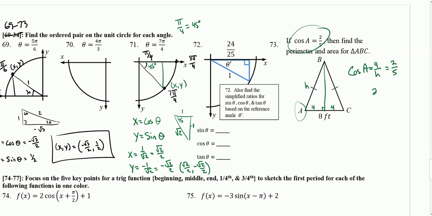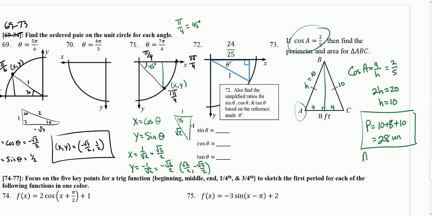And so if we cross multiply, we get 2h is 20, h is 10. And we got to our hypotenuse. We're looking for the perimeter, so we know because it's isosceles, we've got 10, 10, and 8. So our perimeter is 10 plus 8 plus 10, or 28 units.